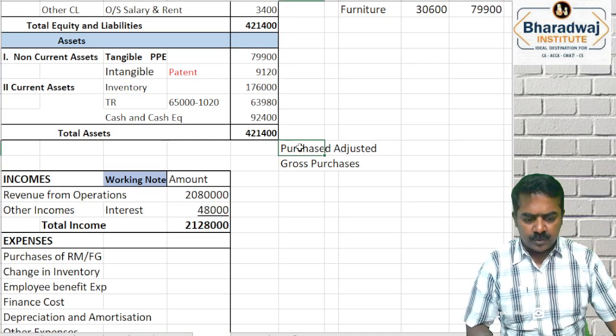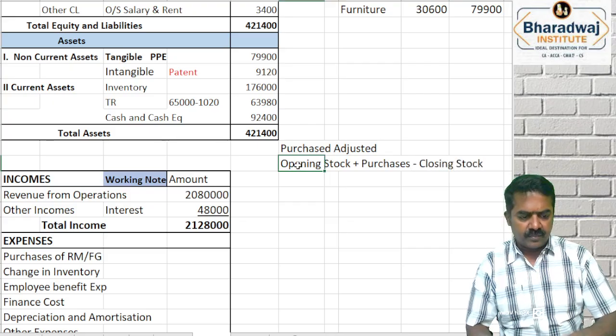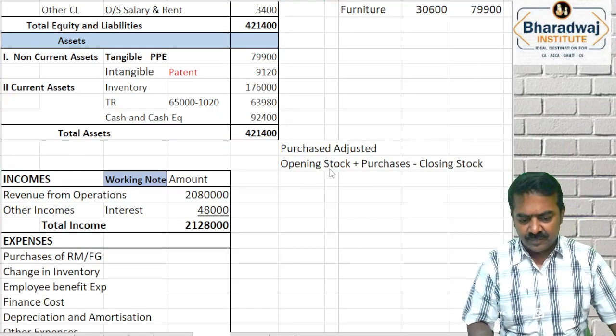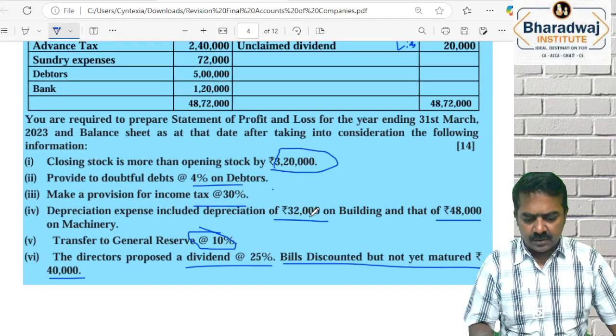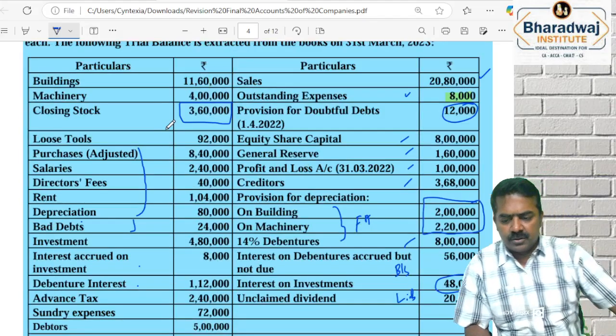Purchase adjusted means they have adjusted like this: opening stock plus purchases minus closing stock. It is given in the question. Closing stock is more by 3,20,000. So how much would the opening stock be?